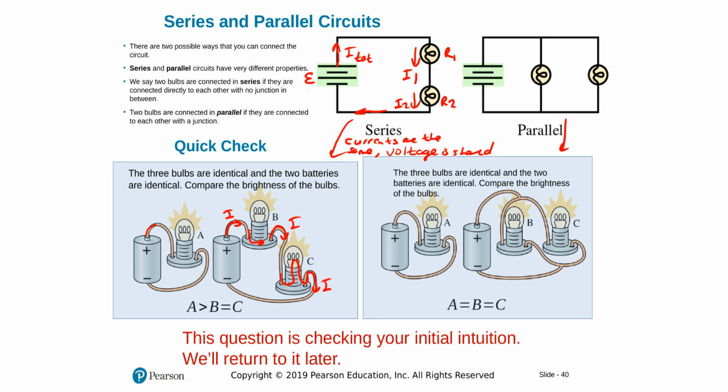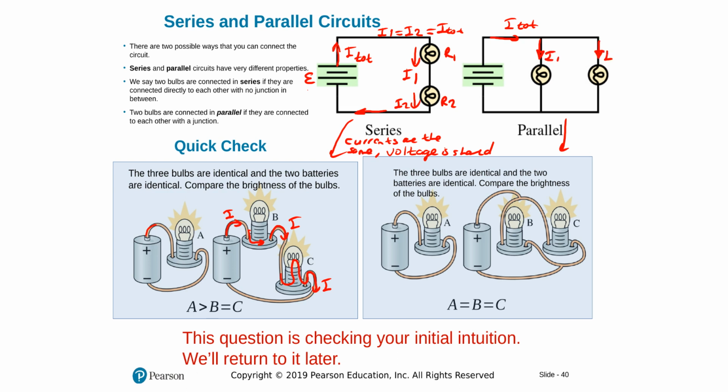They will share this epsilon depending on their resistances, and I1 is equal to I2. And they are equal to I total. For a parallel circuit, we will have an I total here, and they will divide into 2, I1, I2.